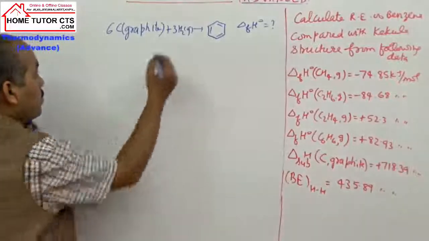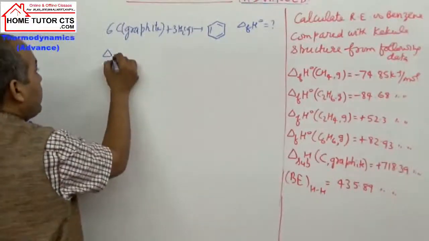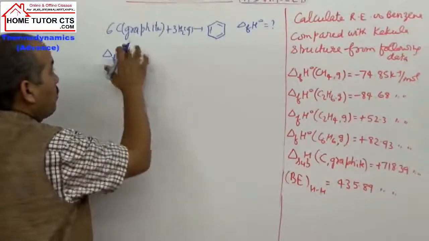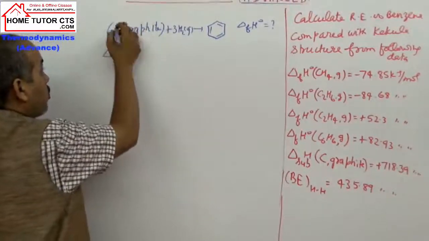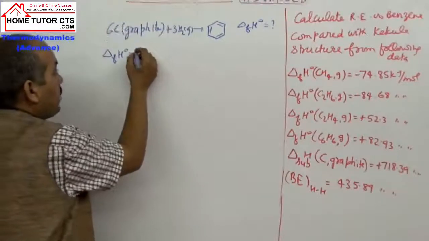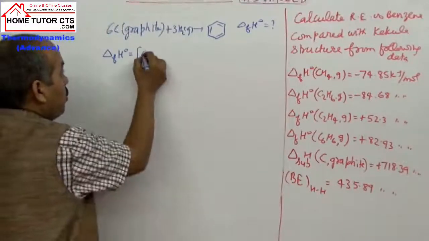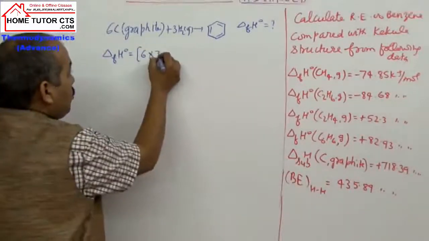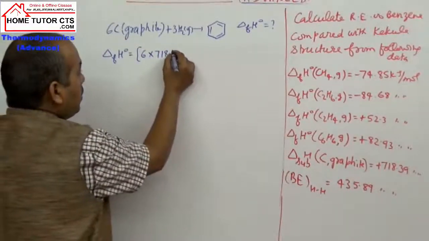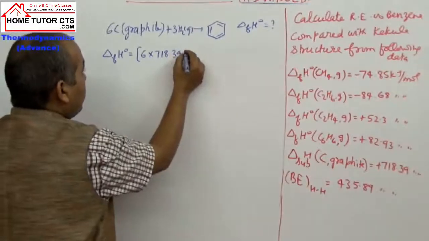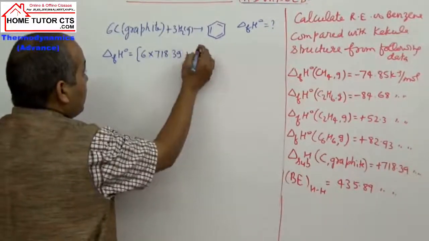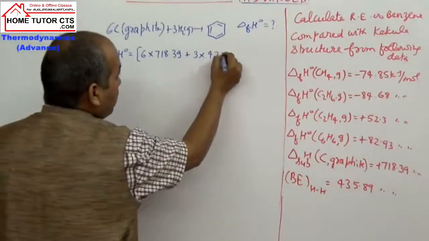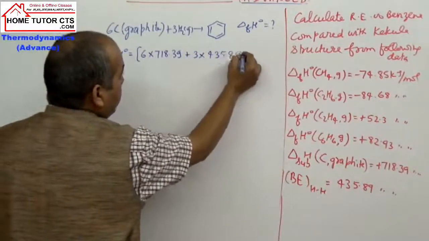So to calculate this value, what is required? Delta H naught formation can be taken as the summation of bond enthalpy of reactants minus products. For reactants, for carbon we take 6 into delta H sublimation of carbon, 718.39, very fine, plus 3 into the bond enthalpy of the HH bond, 435.89.